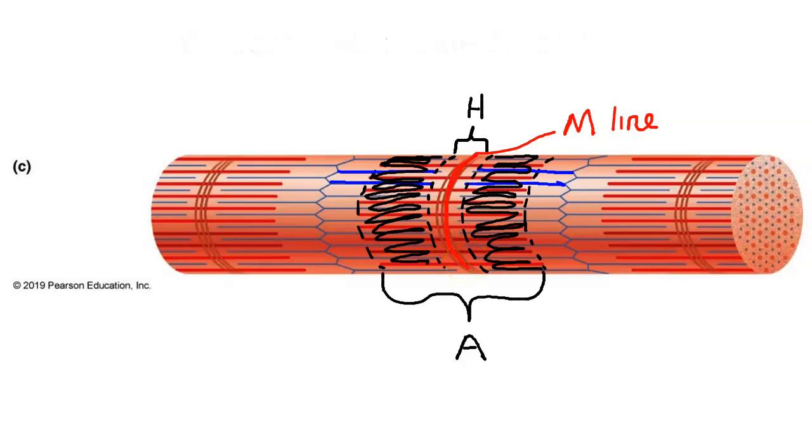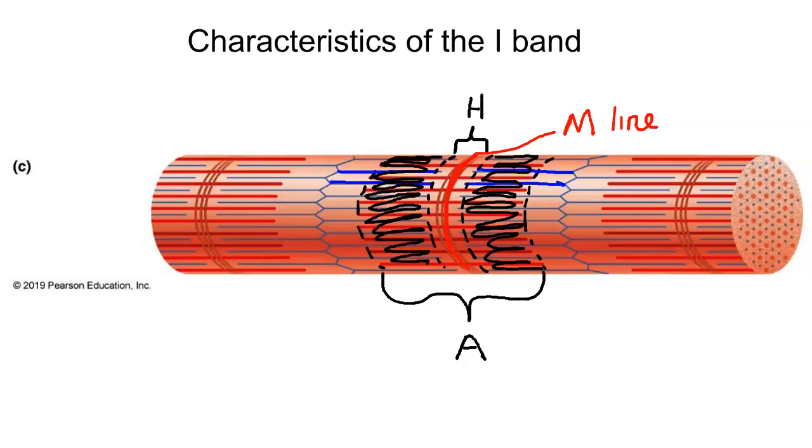Taking a look at the thin filament and the I band. We know that where the thick filaments are not located, that's going to appear lighter. We just looked at the fact that this is the region that we would call the I band. The I band is half of one sarcomere and a little bit of the neighboring sarcomere.